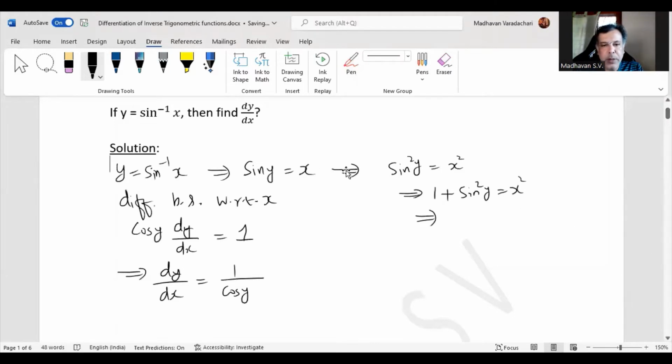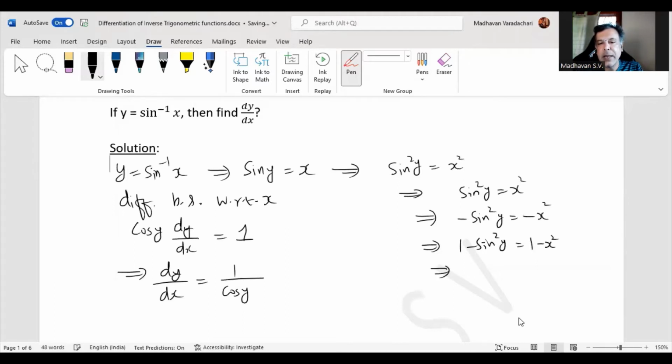Since I am interested in bringing it to cos y, I should multiply both sides by negative. Then I will add 1. 1 minus sine square y is equal to 1 minus x square.